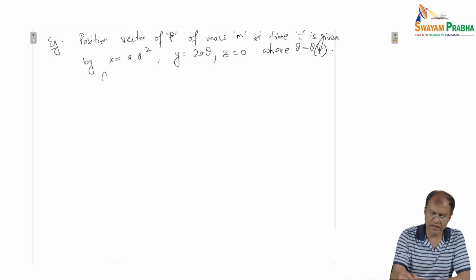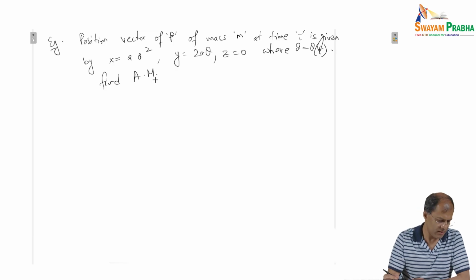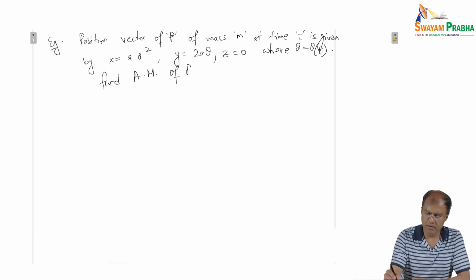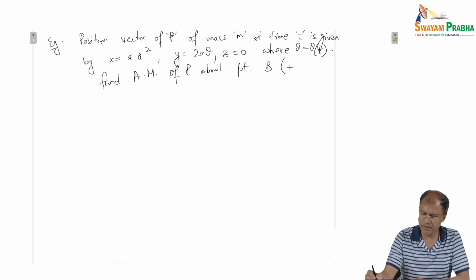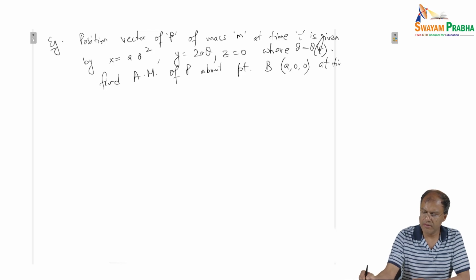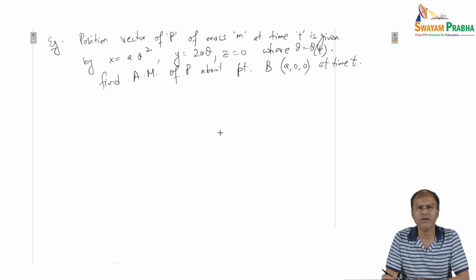So we need to find the angular momentum of P about the point B, which is given to be (a, 0) at time t. The problem seems quite straightforward.